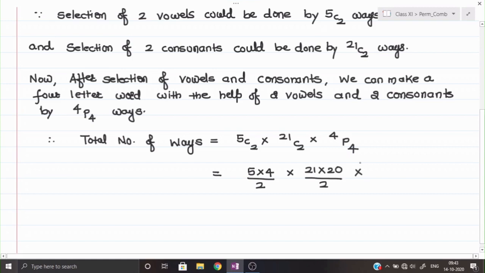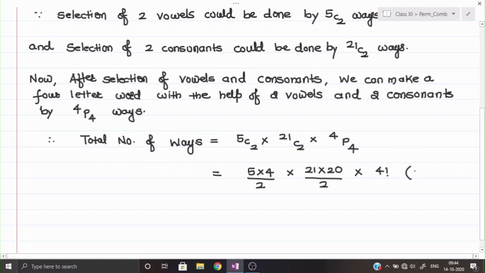4P4, remember, is actually equal to factorial 4, because in the denominator it will come factorial 0, and the value of factorial 0 is always equal to 1. That we will see in the next session, how factorial 0 can be proved as 1. Sometimes it comes in the form of a question as well. So here we can write this as factorial 4.